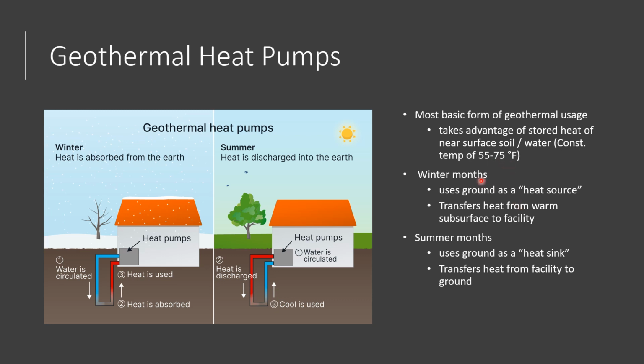It's kind of like a warm temperature. And in winter months, you can use the ground as a heat source to heat up your house, and transfer the heat from the warm subsurface to your house or facility. So in summer months, we're gonna use the ground as a heat sink, because we want to cool it down.